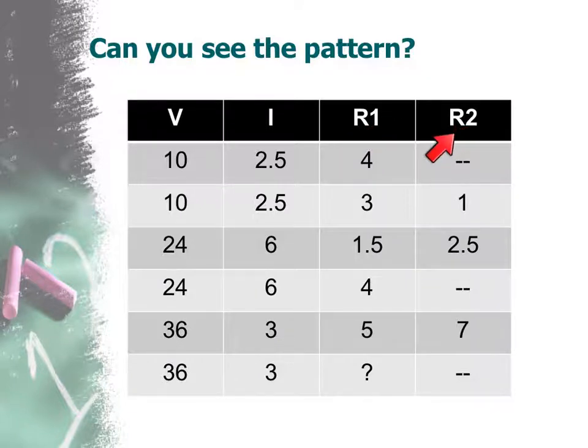Sometimes we have a second resistor, and if that's true, it will be given by the value in this column. If there is no resistor in the circuit, it will be left blank. So this row is a row where we have just one resistor in the circuit. Now this row is where we have two resistors in the circuit.